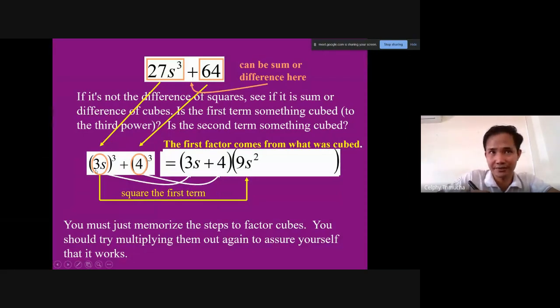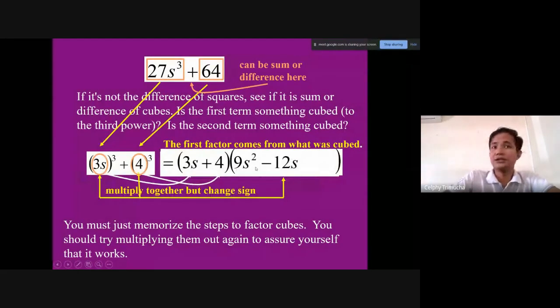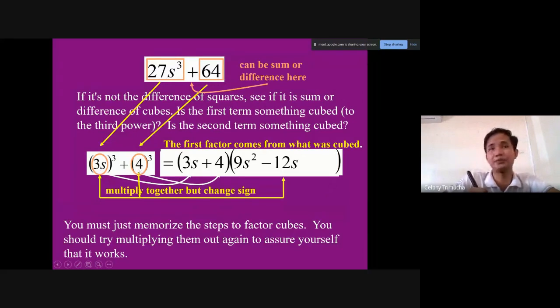The square of 3s is 9s squared. Next, multiply together but change the sign. 3s times 4 is 12s. Change the sign, that will be negative 12s.